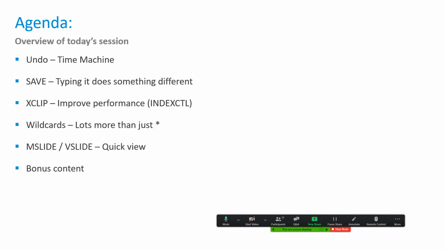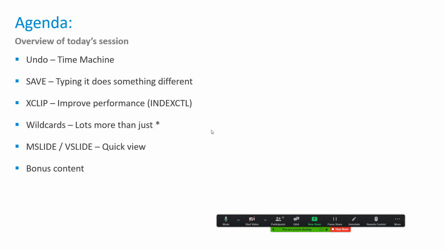But there are a lot of things that we can do with undo. I can show you a couple of examples where we can use it as a time machine. We'll look at some different aspects of save and what benefits that can provide. We're going to look at ways we can improve performance by coupling XCLIP with index control, or setting a value on there to help demand load just the information we need.